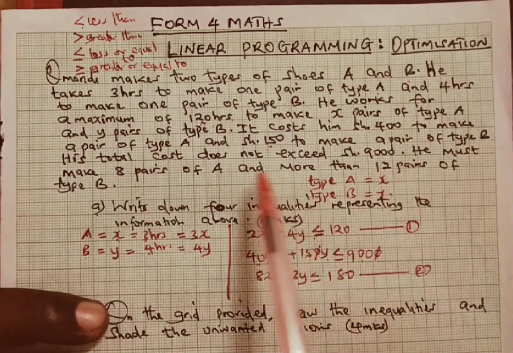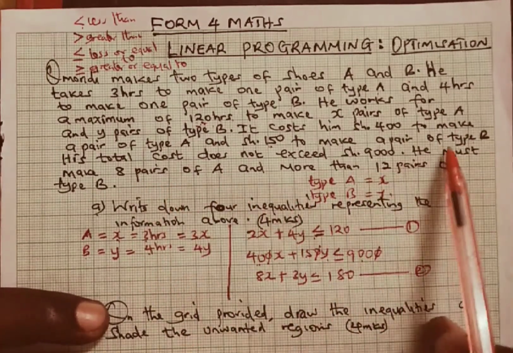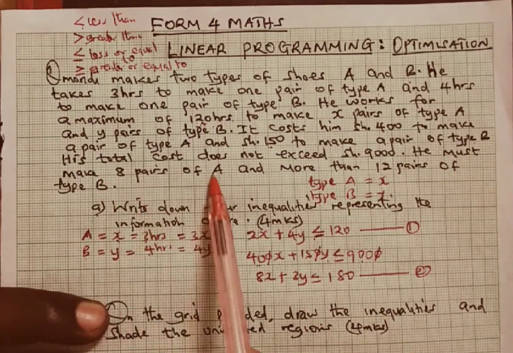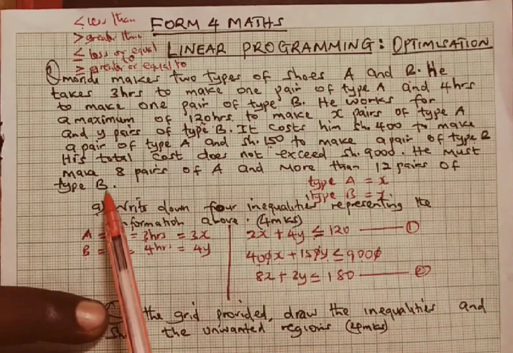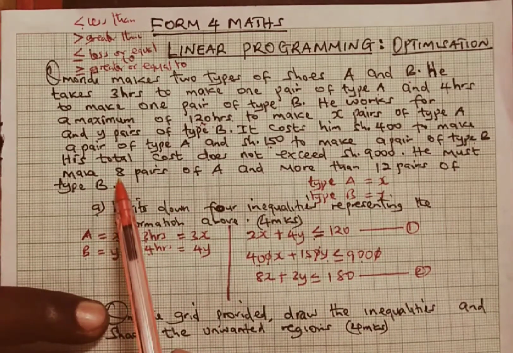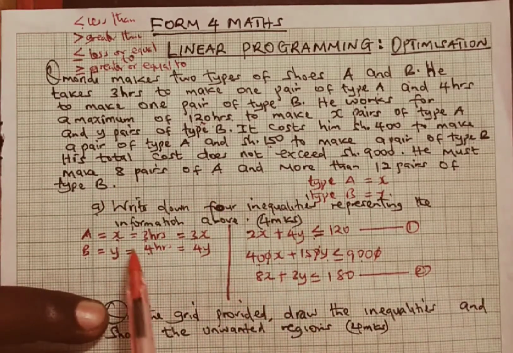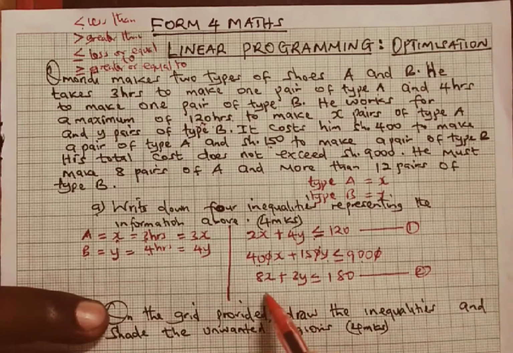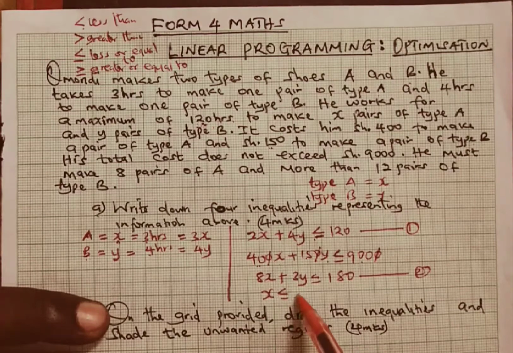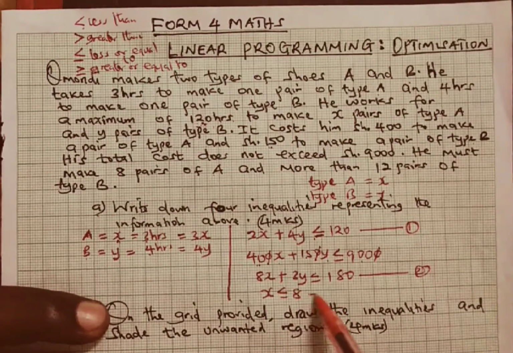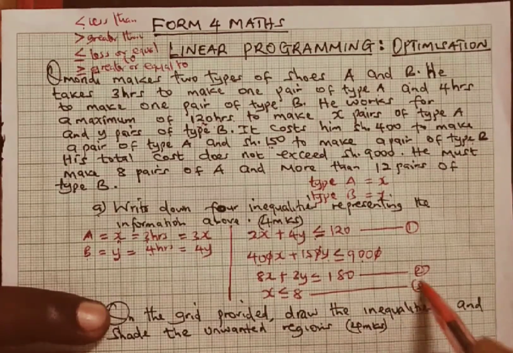Next, we proceed. He must make 8 pairs of type A and more than 12 pairs of type B. So if we must make 8 pairs of type A, and type A we have X, so we can say X must be greater or equal to 8, and this is our third inequality.